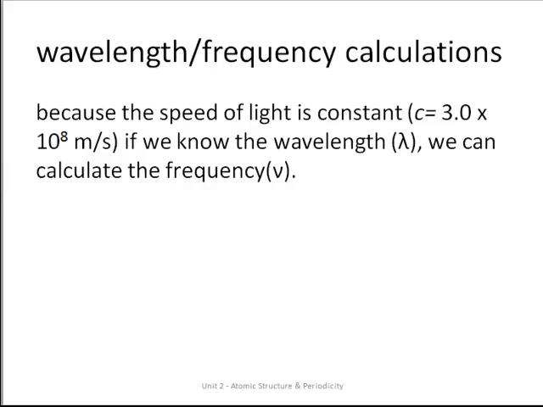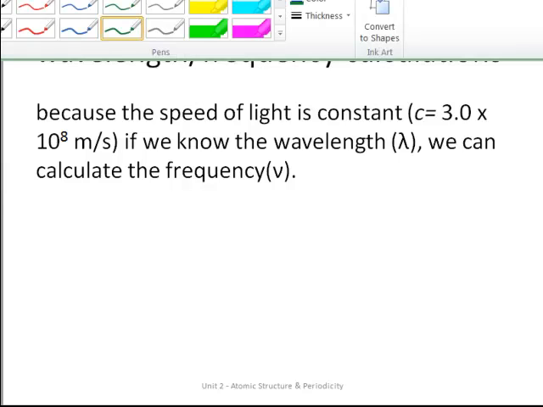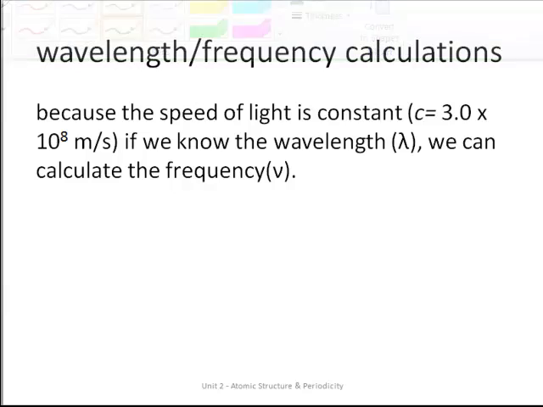Okay, so as we said, if we know the wavelength, we can calculate the frequency because the speed of light is a constant, and vice versa. If we know the frequency, we can also calculate the wavelength. If we just take a look at the units, we can derive an equation for this. Okay, we know that the speed of light, c, has units of meters over seconds.